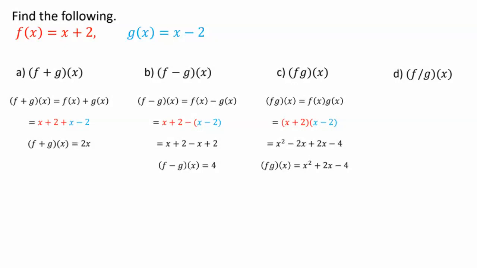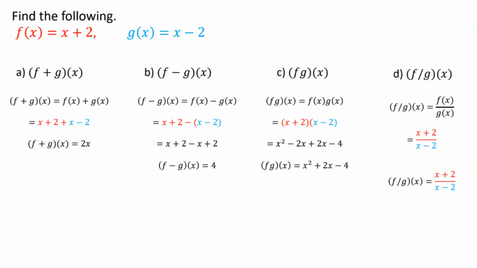Yeah, x times x will give us x squared. x times negative 2 will give us negative 2x. 2 times x will give us positive 2x, and 2 times negative 2 will give us negative 4. So here, guys, I made a mistake. This is supposed to be negative 2x plus 2x. This is supposed to be just x squared minus 4. Okay, sorry about that. Now let's do the f divided by g function.